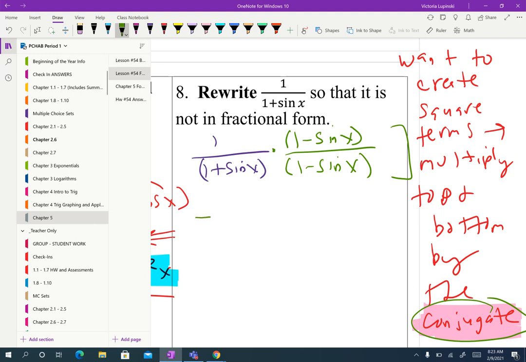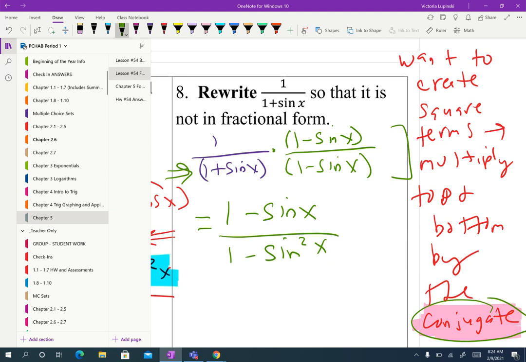So then, in terms of multiplying on the top, 1 times 1 minus sine is 1 minus sine. Remember, in the denominator, should I multiply these out or not? Because they are conjugates, that is usually a clue to you that you're going to want to go ahead and do so. So 1 minus sine over 1 minus sine squared, we're kind of doing the reverse of what we did in number 9.